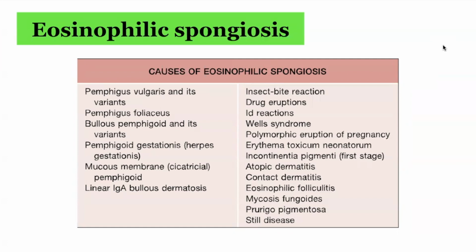Of course, there's a variety of other differential diagnoses outside the autoimmune bullous disorder group to consider, because these are also associated with eosinophils, such as drug eruptions, id reactions, Wells syndrome, insect bite reaction, and so on and so forth. That's summarized here in this table, causes of eosinophilic spongiosis.